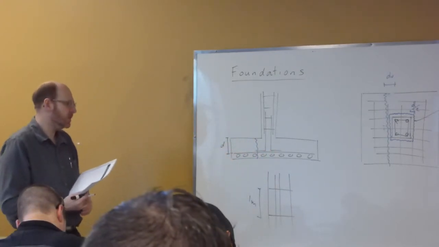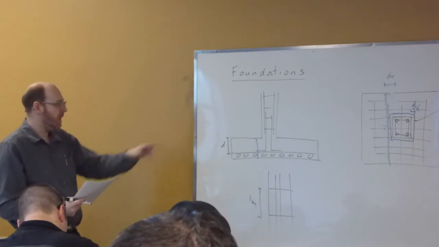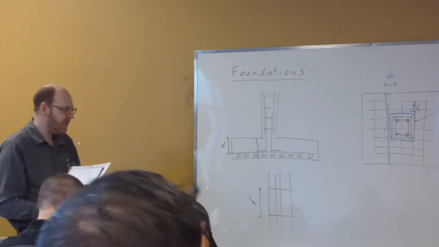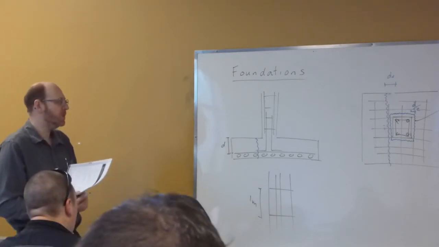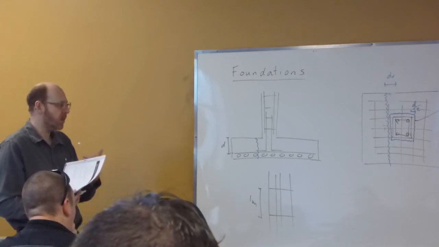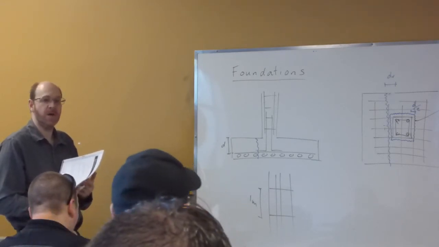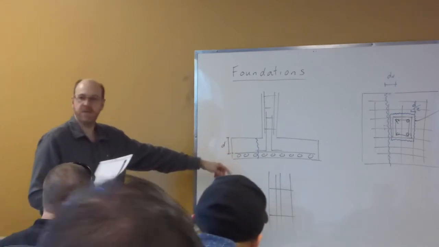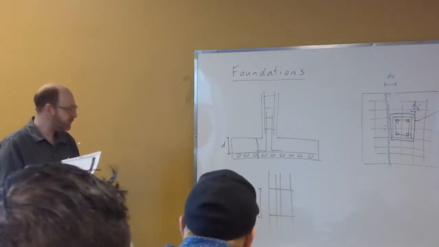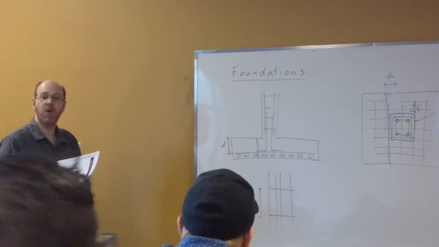There are some approximations that we look at in this calculation as well. Again, our two-way shear is based on D, and our one-way shear is based off of DV. So typically what we do here is we start with our two-way shear, and we calculate a required D, and then from there we add in a bar size and a cover distance and so on, and that gives us our overall thickness.